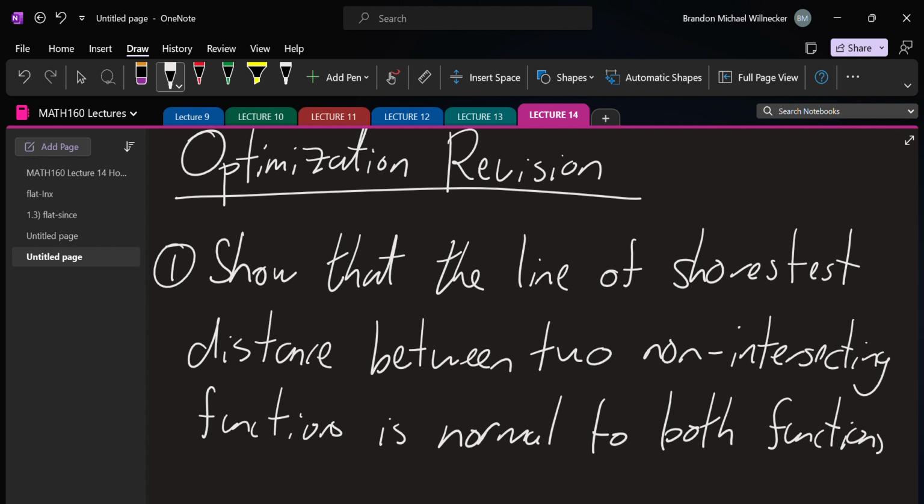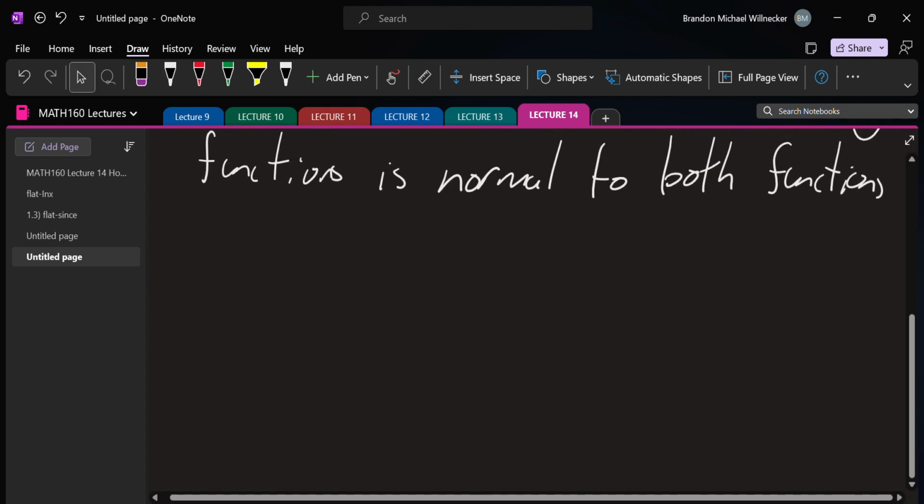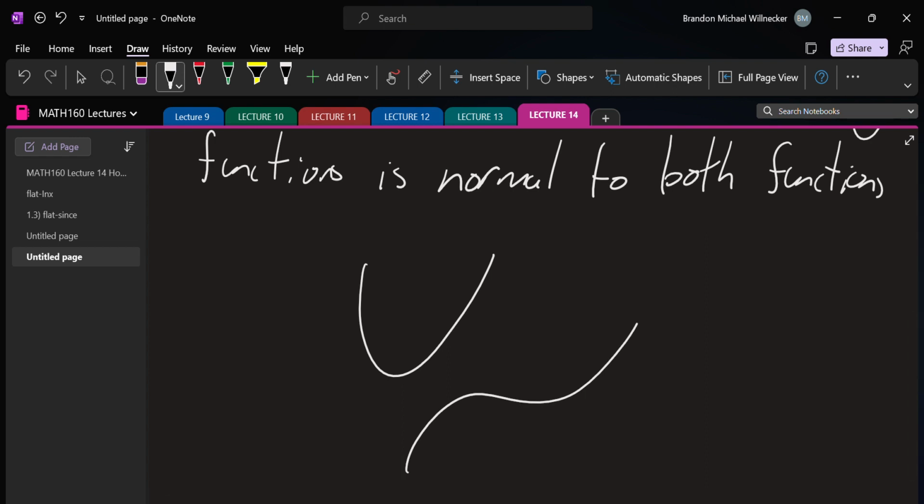Okay, so we've got two functions. We want to find the shortest distance between the two. So that's going to be a line between them. We want to show that the line is normal to both of them. For example, let's say we had a function like this and some function like that. The shortest distance is going to be where that little gap is. So that's this distance here.